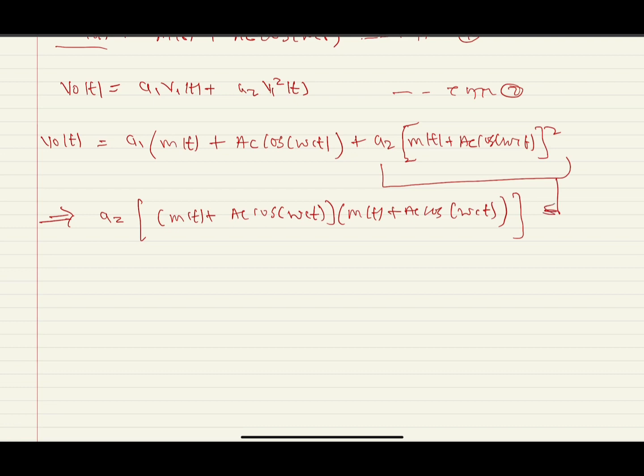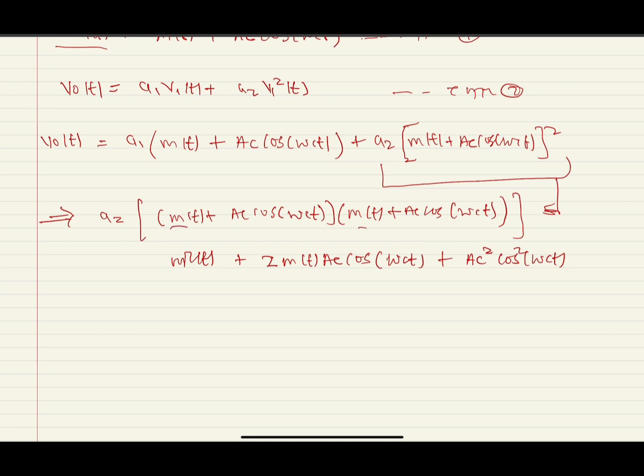In doing this, when you multiply it through, we are going to get M squared of t plus 2 M of t A_c cos omega_c t plus A_c squared cos squared omega_c t. Maybe some people may be confused, so let me go one after the other.